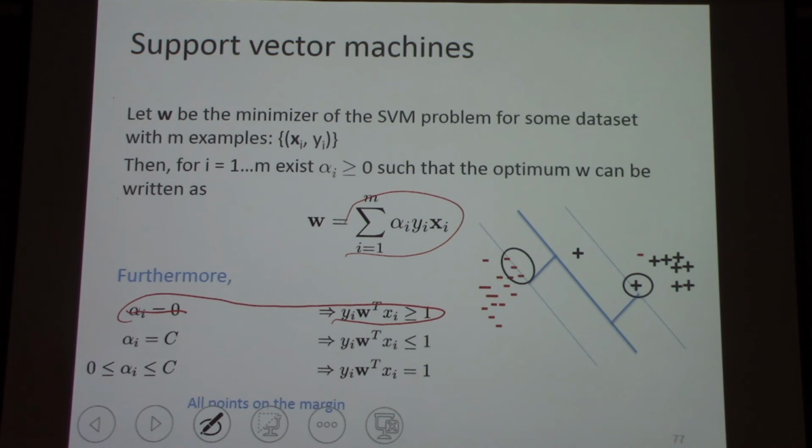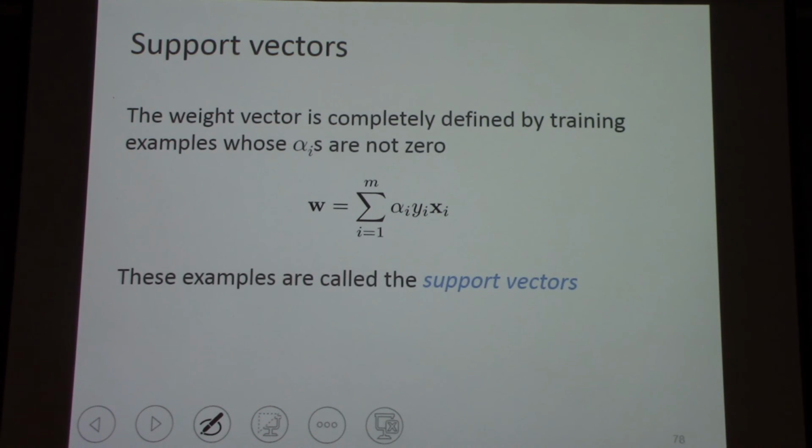So the hyperplane is supported by these points that are on the wrong side of the margin or on the margin. These points are called the support vectors. All training examples where alpha is not 0 are called support vectors. And that's really the reason for this name, support vector machine.